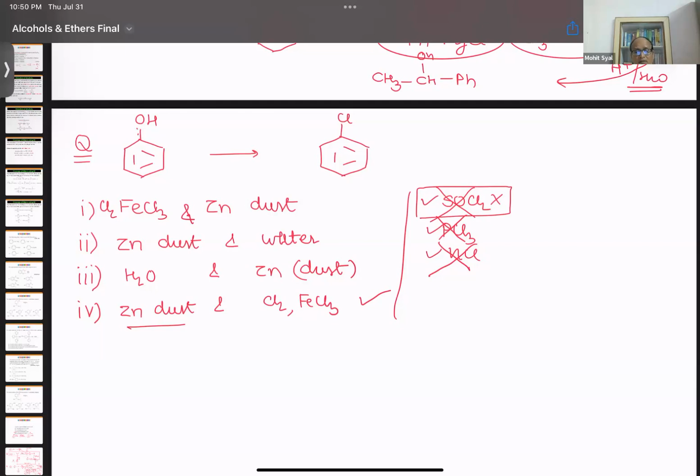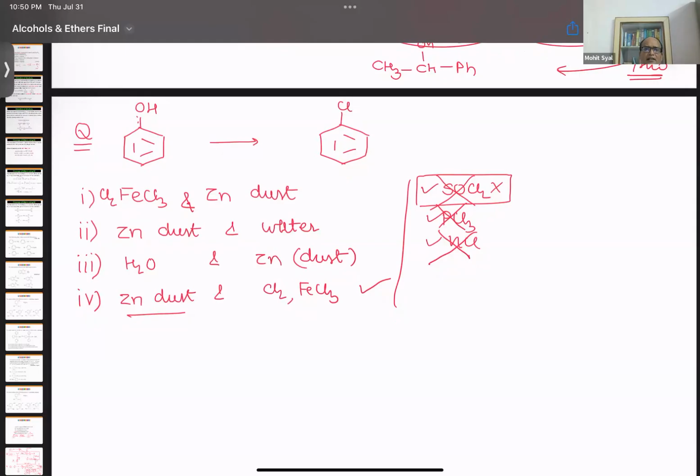So these normal methods will not work, because they work with aliphatic compounds, aliphatic alcohol like ethanol, not with phenol. Phenol is very difficult to replace the OH. So get it reduced first by zinc dust and heat, then you can bring in whatever you want.